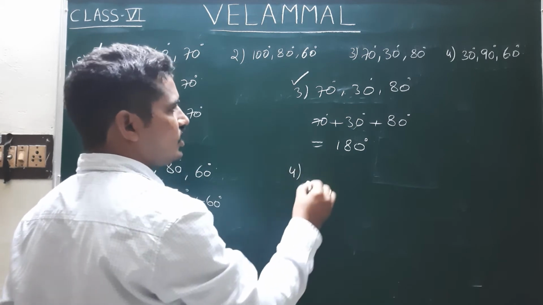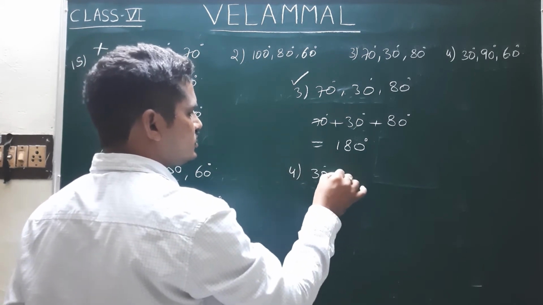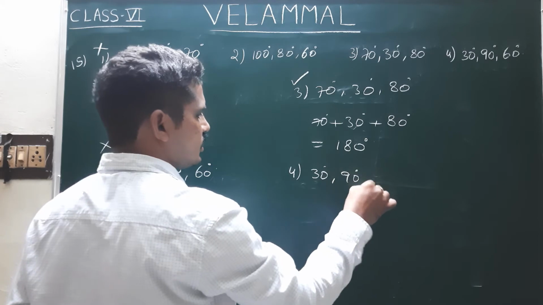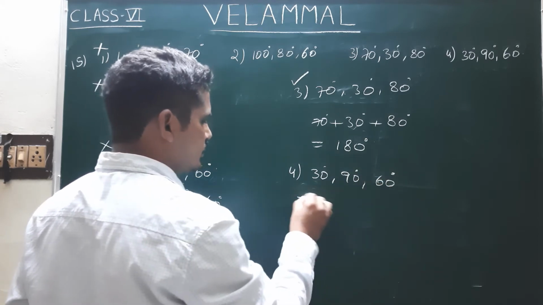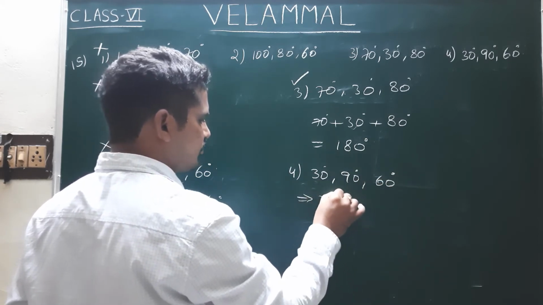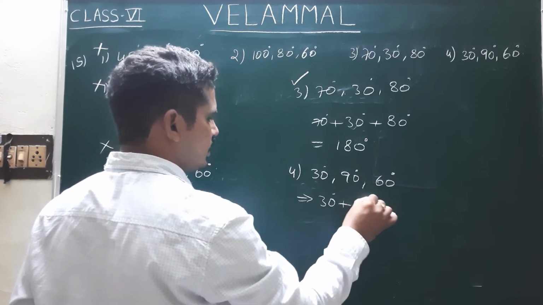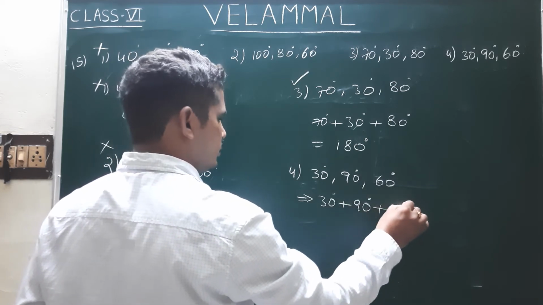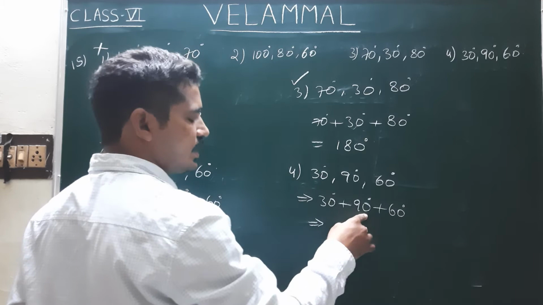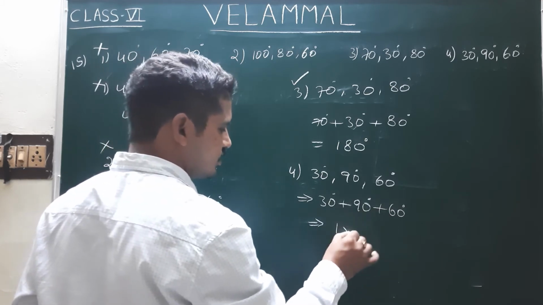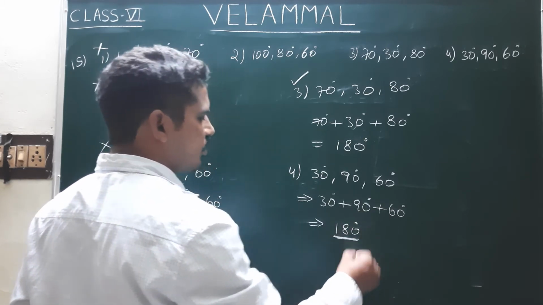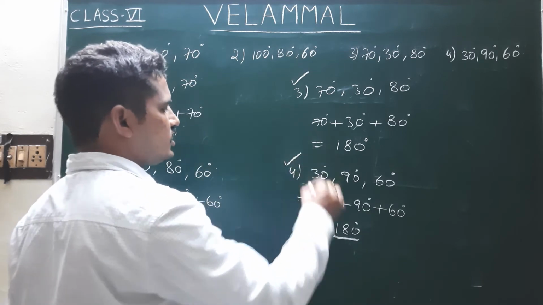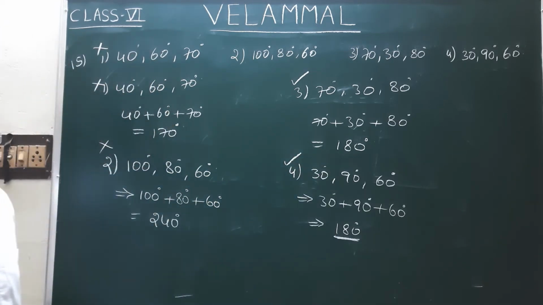Fourth option, again we are taking 30 degrees, 90 degrees and 60 degrees. The sum of the angles: 30 plus 90 is 120, 120 plus 60 is equal to 180. Again we got 180 as the answer. So these can also form a triangle.